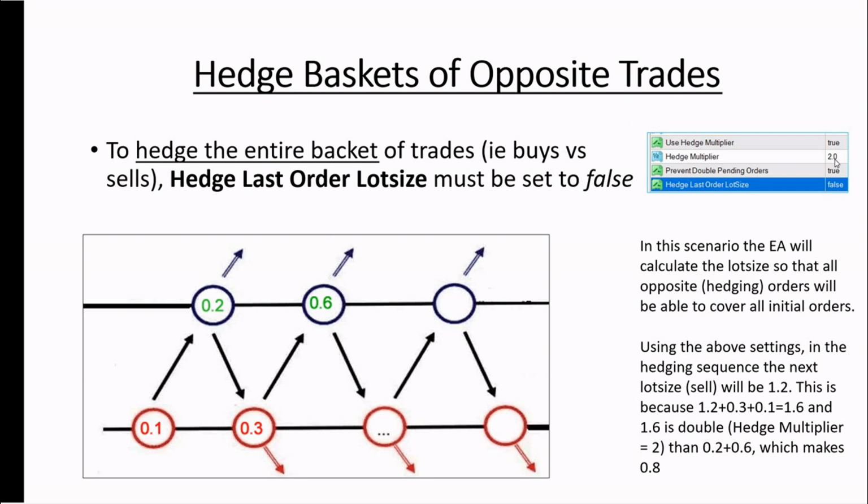Remember, we have a multiplier which is 2, which is double, and that means that the next order is 0.6. The next pending order is 0.6, and that is because 0.2 plus 0.6 is obviously 0.8, which is hedge multiplier double when the opposite orders are 0.4, and so on.